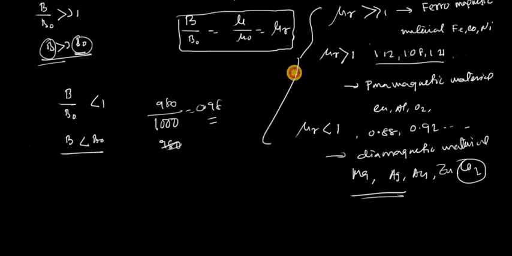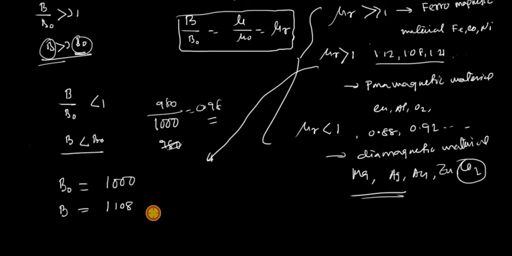Let's try to understand what would happen for paramagnetic material. Suppose in free space your lines of force are 1000. Then in the presence of paramagnetic material your lines of force become 1108. Then what is the value of mu r?